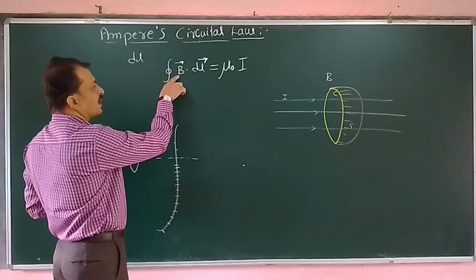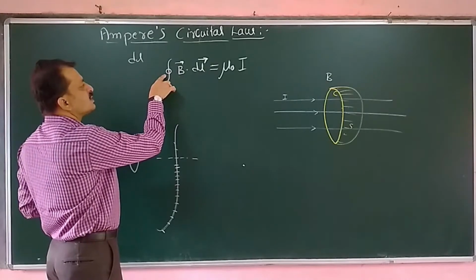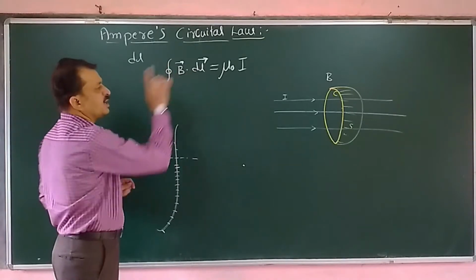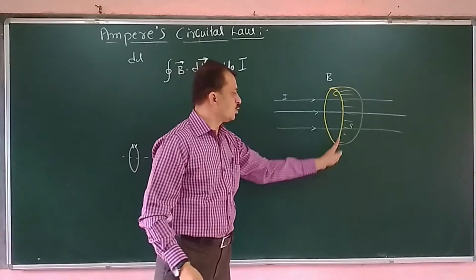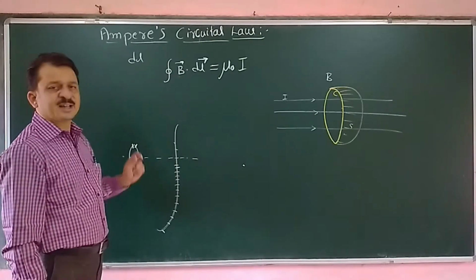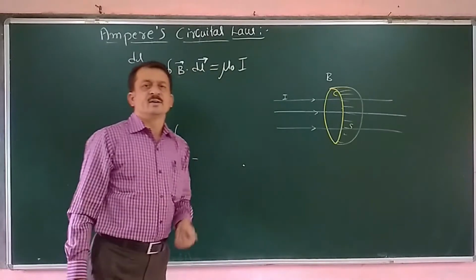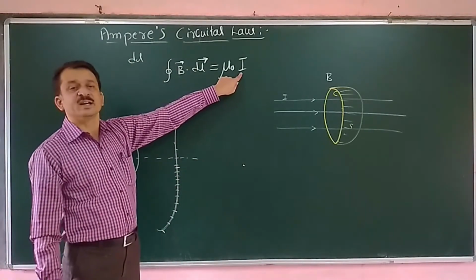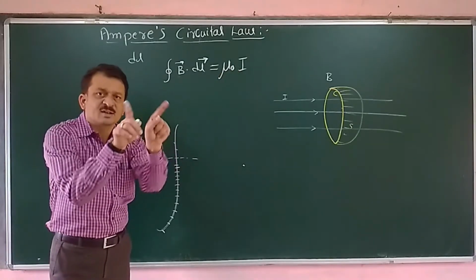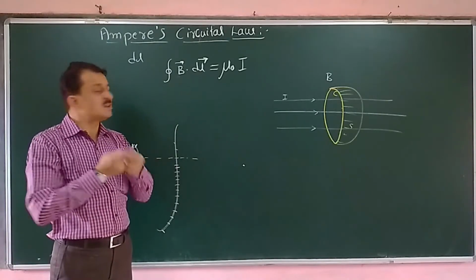Since the magnetic field is constant here, this integral only holds good for this dl. The integral of dl is the total boundary of that chosen region, which is equal to mu naught into I. The interesting thing is the current I, the current enclosed by that boundary.